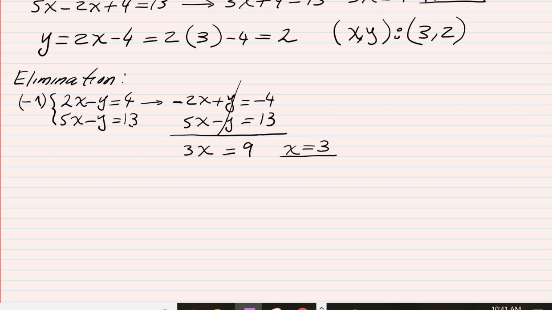Now, once you solve for one of the variables, the next step is just like the substitution method. I can substitute for x in the other equation. I can put it in either equation, in fact, and it will work. So that's what I'm going to do next.